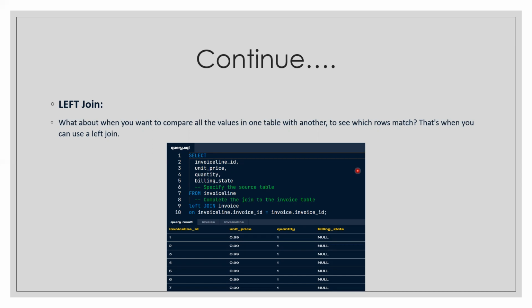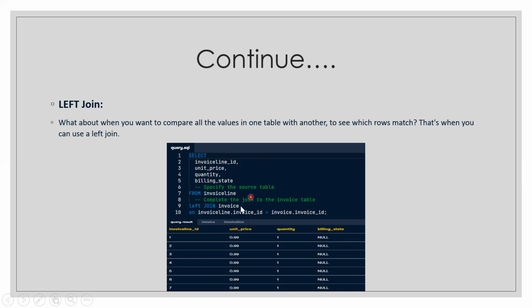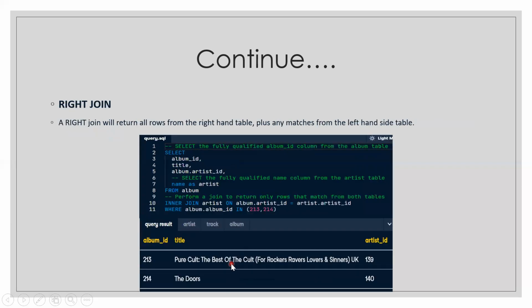So basically, a left join returns the data that is present in the left table, and data that does not match in the right table is returned as a null value. So in this query, we will left join the invoice on invoice line, and the query result is shown below.